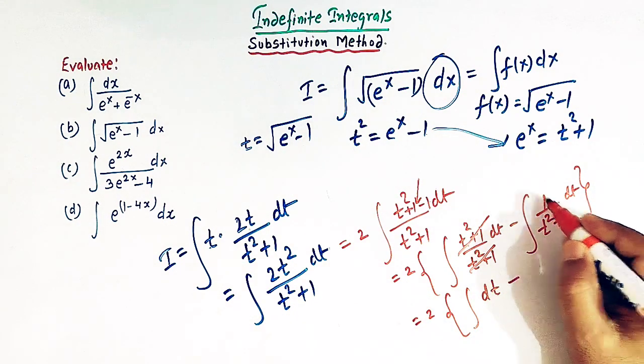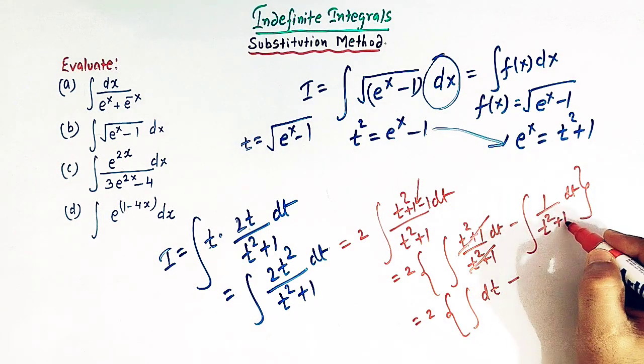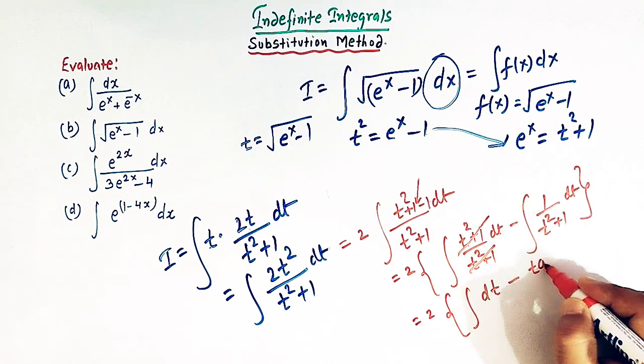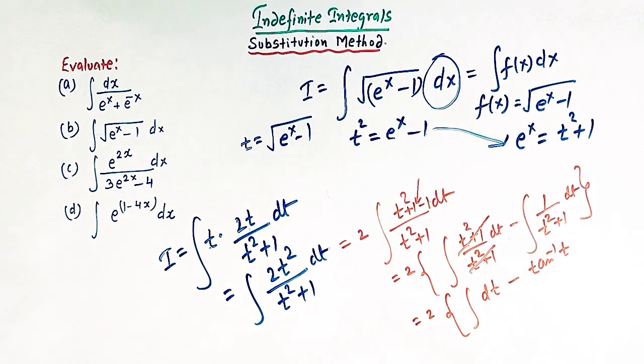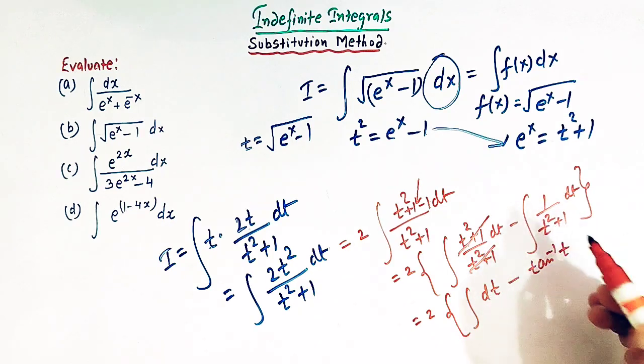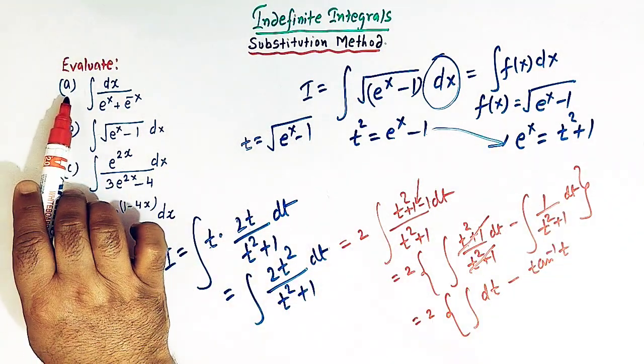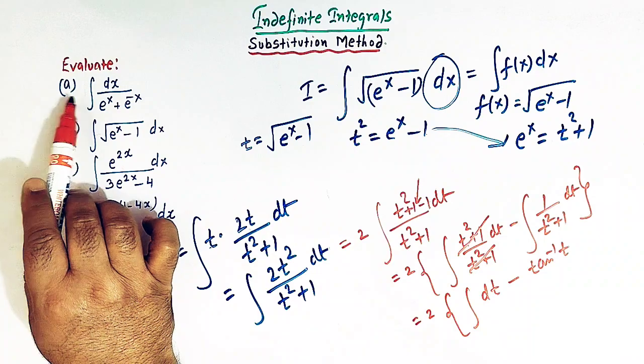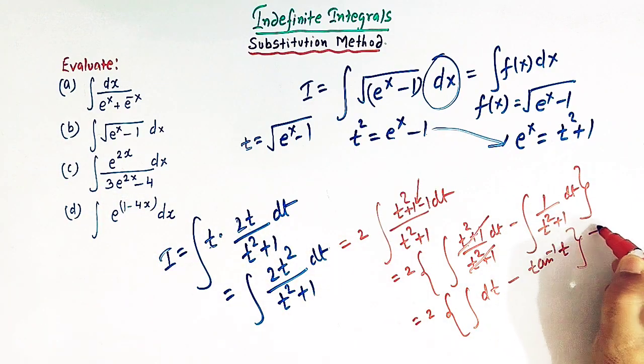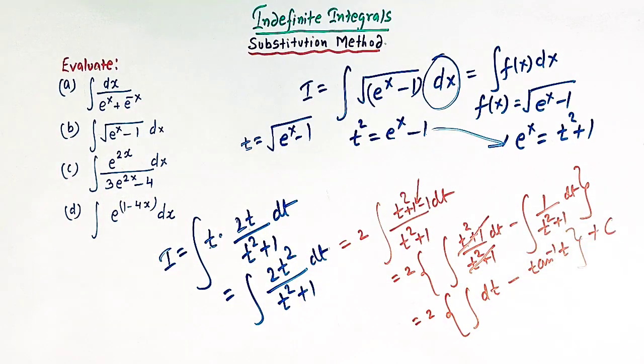And the integral of 1 over t square plus 1 is simply tan inverse of t, right, which we have just discussed while solving problem number 1. And here we have the constant of integration as c.